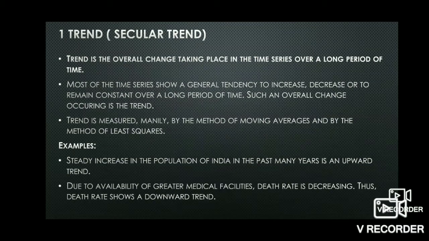Such an overall change is called trend. Some examples of trend: the steady increase in the population of India in the past many years is an upward trend. Due to the availability of great medical facilities, the death rate is decreasing. Thus, the death rate shows a downward trend.